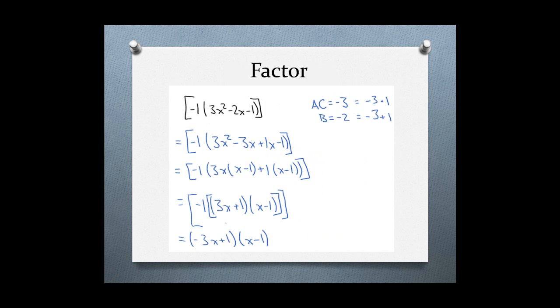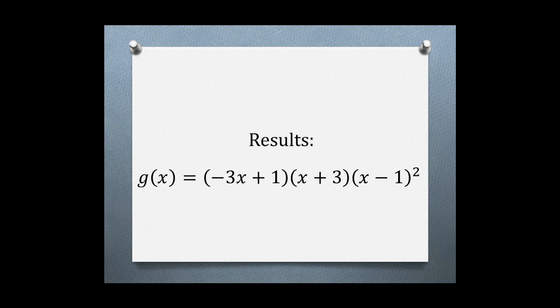So we factor that, and we find that negative 3x plus 1 and x minus 1 are factors of the equation. So our result is negative 3x plus 1, x plus 3, and x minus 1 squared are the factors.